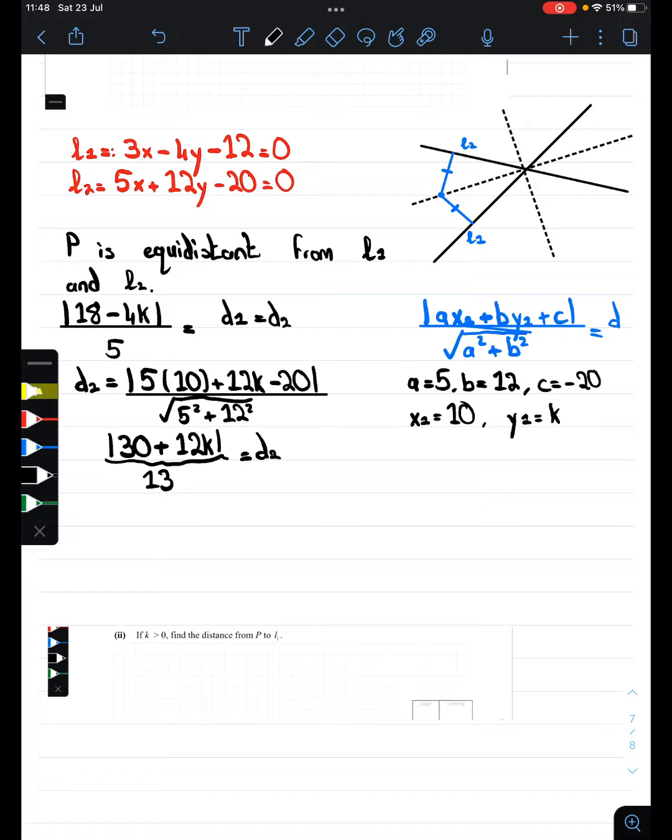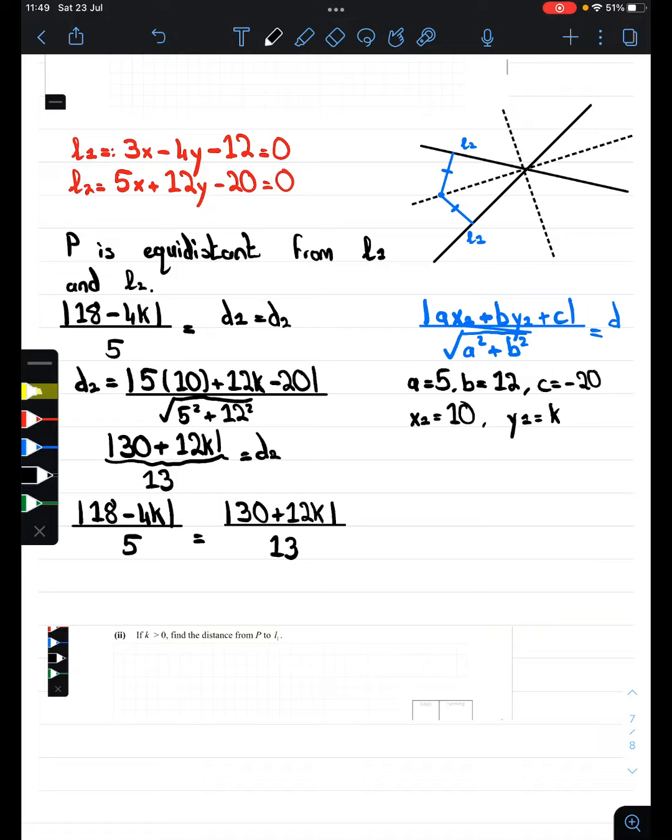So we get that 18 minus 4k over 5 equals the magnitude of 30 plus 12k over 13.